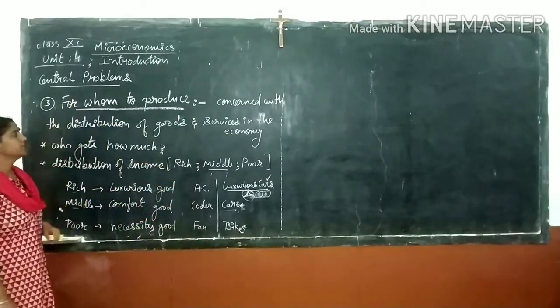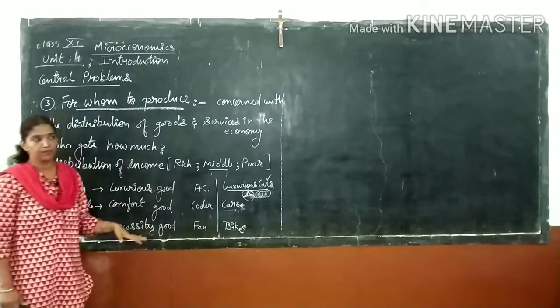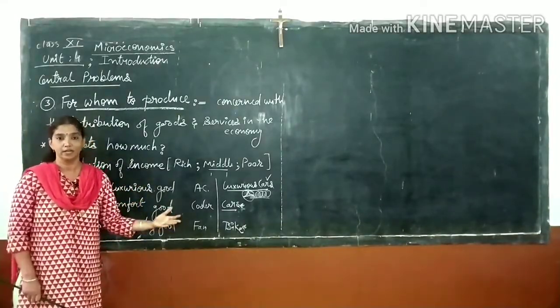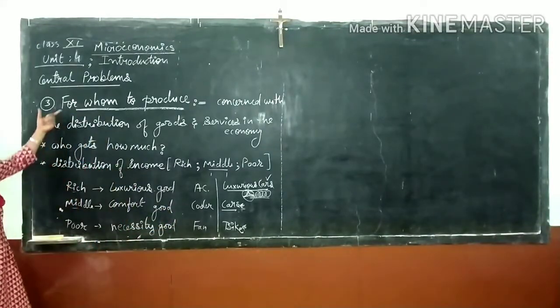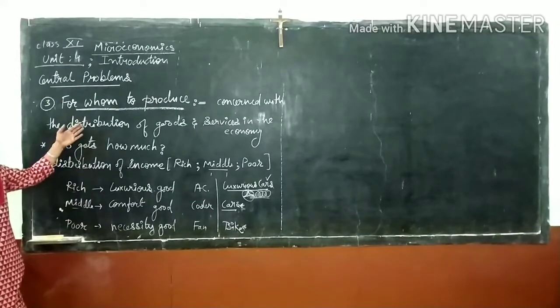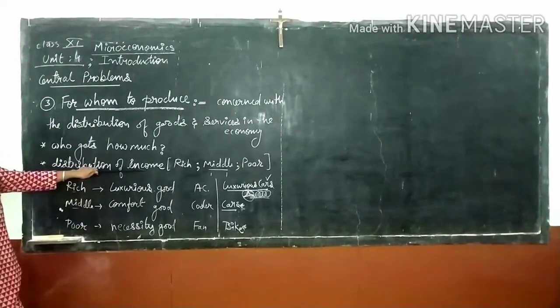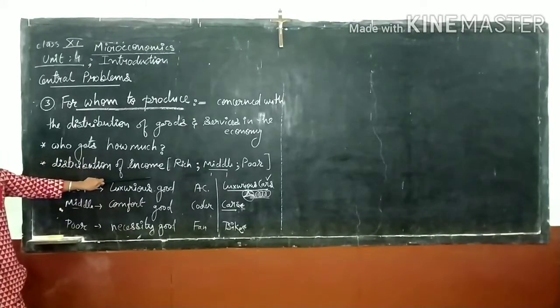This problem is concerned with who gets how much. It means for whom we are producing, or in how much quantity they are getting, at what prices. Indirectly, this problem is related with the distribution of income, as people's purchasing power depends on their income.